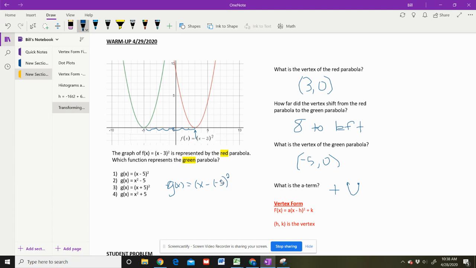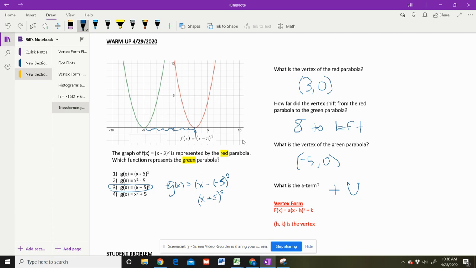And I don't have anything for my k term. All right, so when I do that, I get x minus a negative 5. When I subtract a negative, I go keep, change, change. You might remember that from last year. So we keep, change, change. So we have x plus 5 squared. So that means that answer 3 is what is going to represent the green parabola.